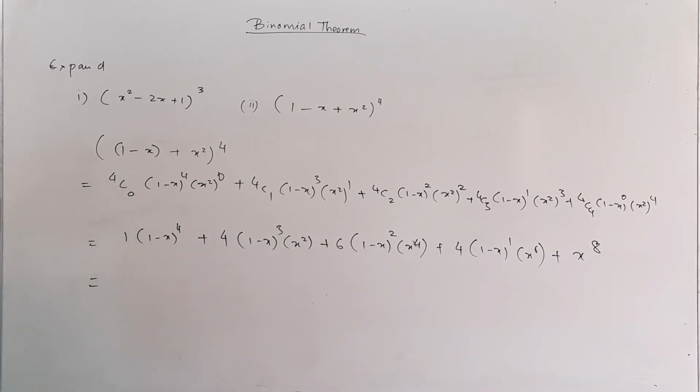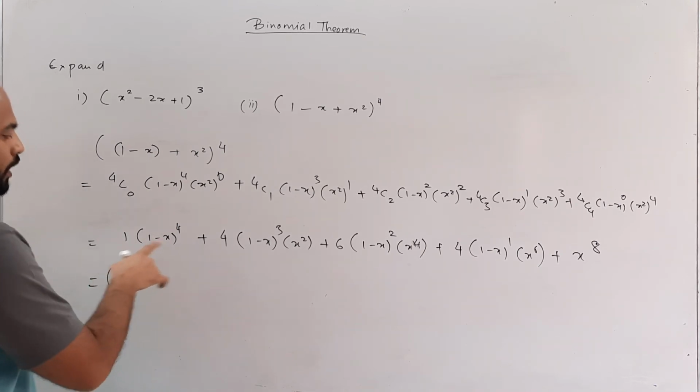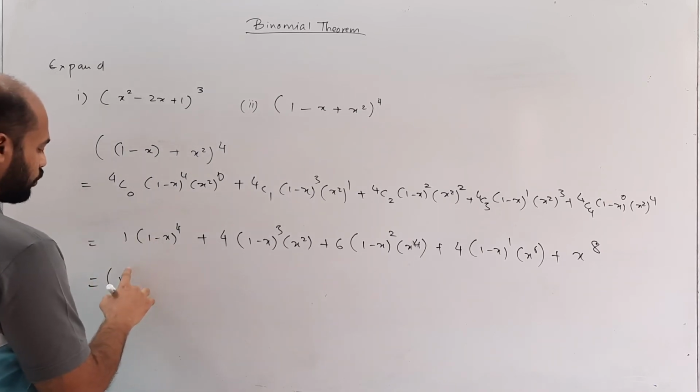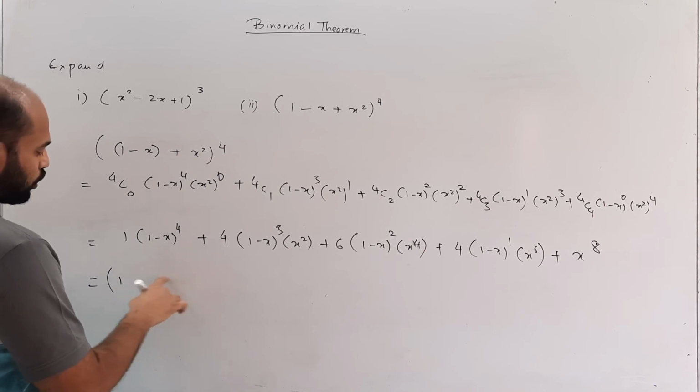Again we can expand this now. After expanding, we are going to get it as 1. Of course the terms are going to be slightly different this time. Now if we expand it as 1 minus x or x minus 1, we are going to get the same. But then if we follow the rules, the terms are going to be in increasing order by order.